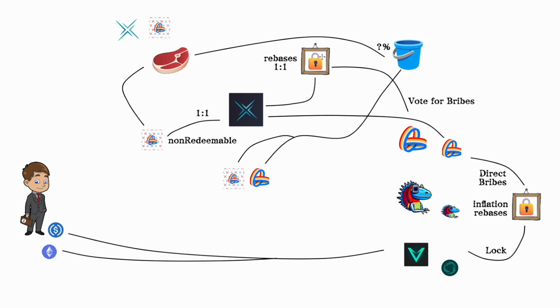Now, keep in mind that these have rebases on them, okay? So every time there's Velo minted, then all the NFTs do get a small rebase as well. Now, this helps them to not drain the bucket. The bucket doesn't need to lock more Velo than the Velo that was put in, because it just needs to remain 1-to-1. So every time there's a rebase, there's actually less need for them to lock more.